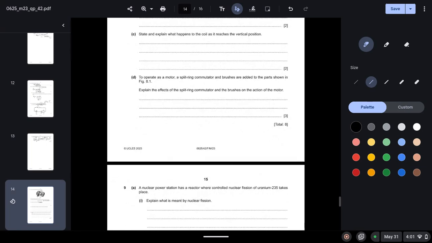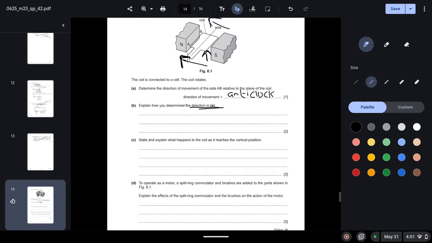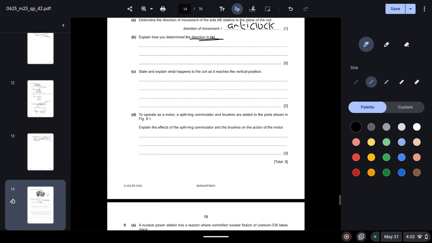State and explain what happens to the coil as it reaches the vertical position. So when it reaches the vertical position, if I were to draw it, it would be something like this. When it reaches the vertical position, the coil at that moment stops and it comes back from the other direction. So the turning effect decreases.